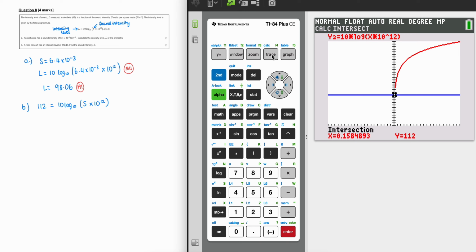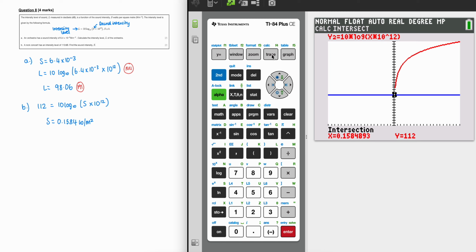And we can see there that the intersection is when x, or in my case S, is equal to 0.1584. And S is measured, we're told in the question, as watts per meter cubed, or watts per meter squared. Okay, so that would then be my unit.